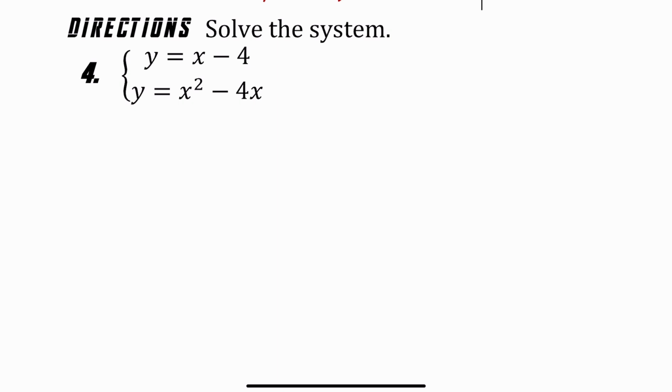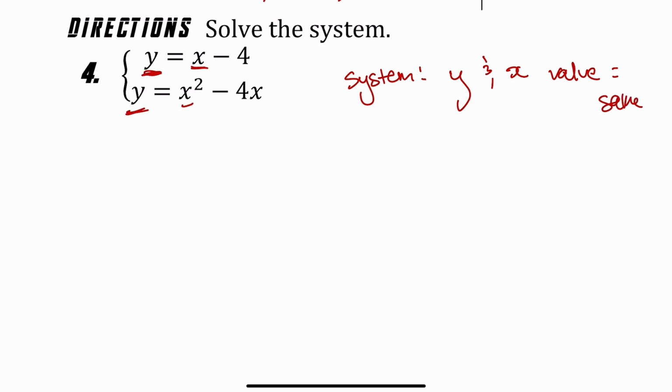So a system is where the y and x values are the same. In this case, we're given y, we're given x. We're given y, we're given x. Y is equal to y in both cases.